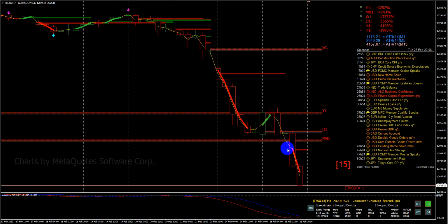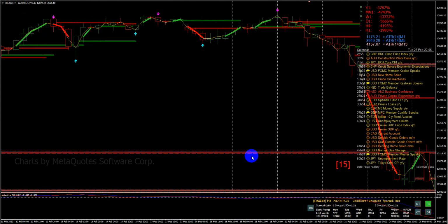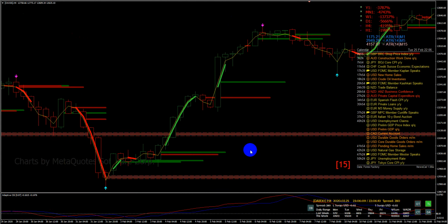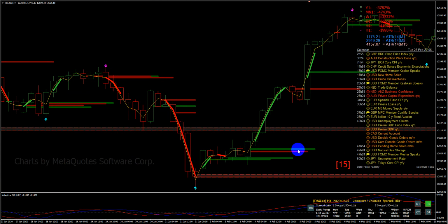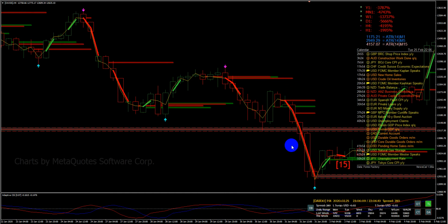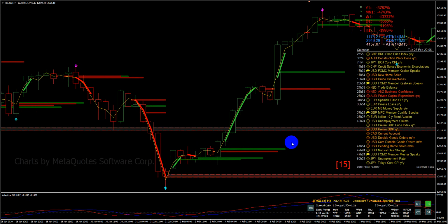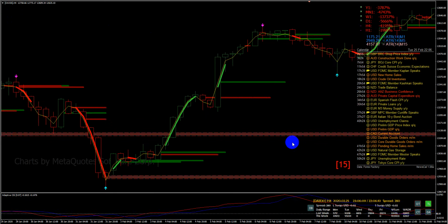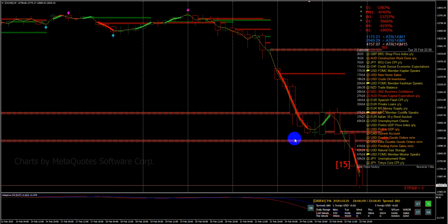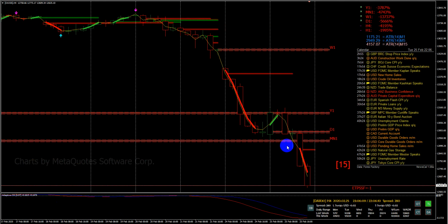We don't exactly know what level they retested here. Well, we'll have to go back and look for it. Maybe it was some kind of a zero line, or maybe it was another zero line somewhere on an even higher time frame, right?